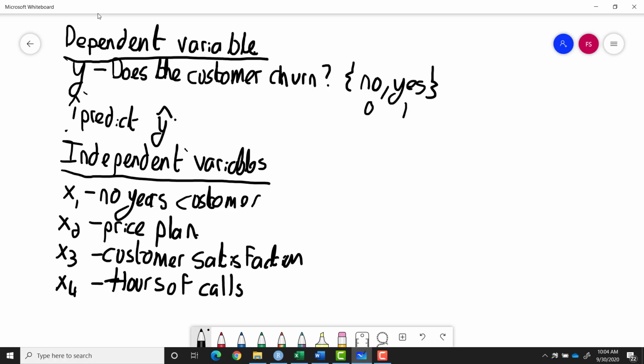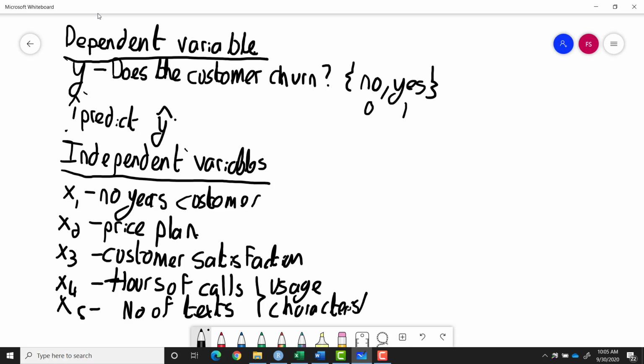Or if this is a cell phone plan, how long they've spent on the service, and the number of texts they've sent. So depending on our scenario, we've got some sort of usage characteristics. And I guess X6, if we're going with the cell phone plan, is going to be the data used, or something like that. So we're trying to predict whether our consumers are going to renew or not based on this information.